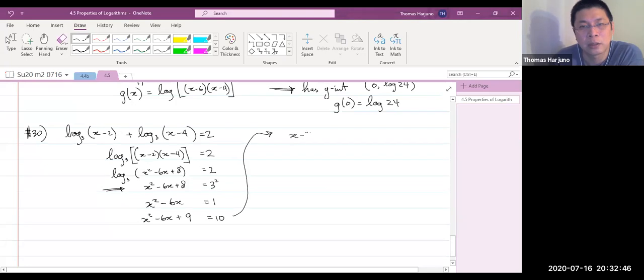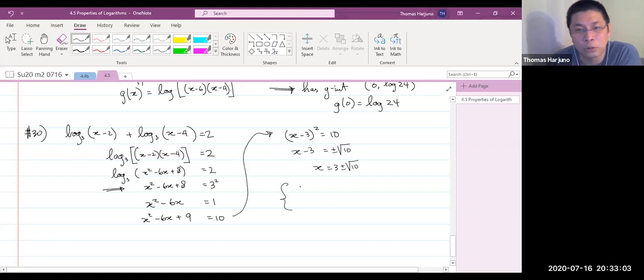X minus 3 squared equals to 10. So x minus 3 is plus minus square root of 10. X is 3 plus minus square root of 10. Now don't forget the reason that in the past I told you to always split that is because of what we actually see right now. There are two solutions there, not only one.